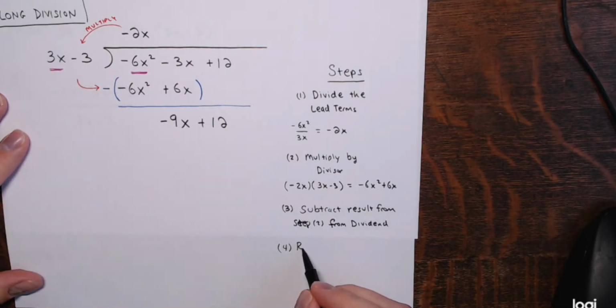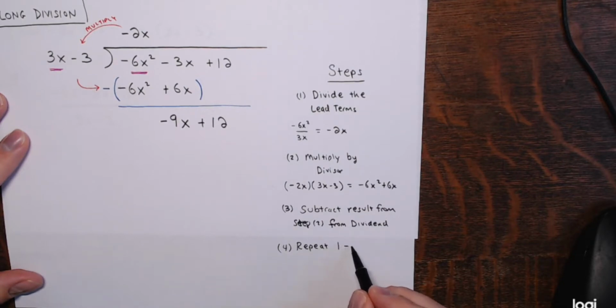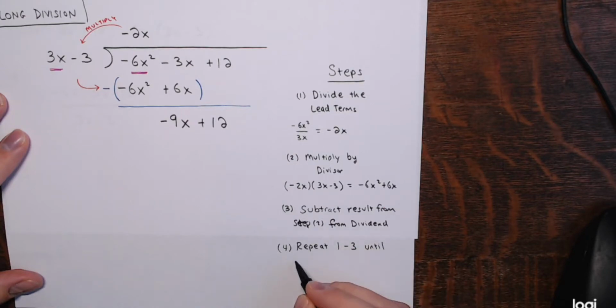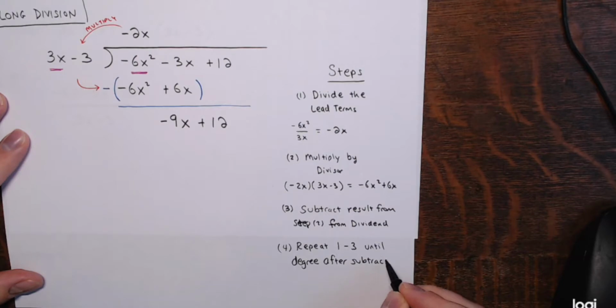So I'm going to say repeat 1 through 3 until the degree after subtraction is less than the degree of the divisor.